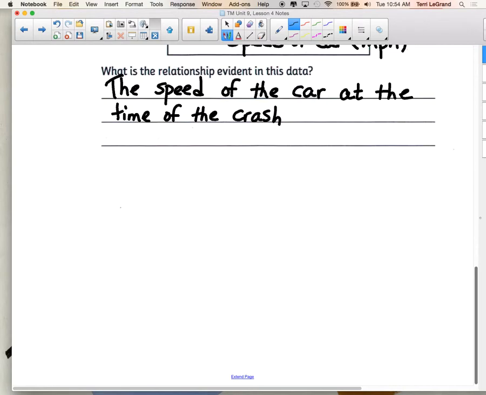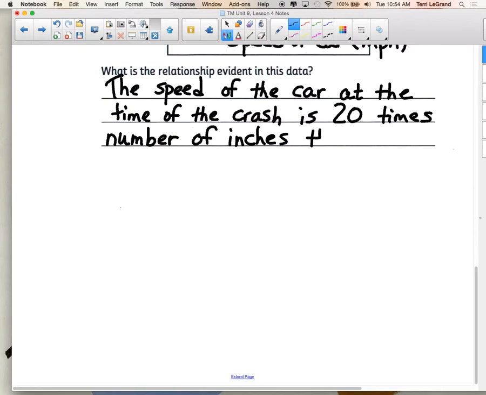So the speed of the car at the time of the crash is 20 times the number of inches the car shortened.